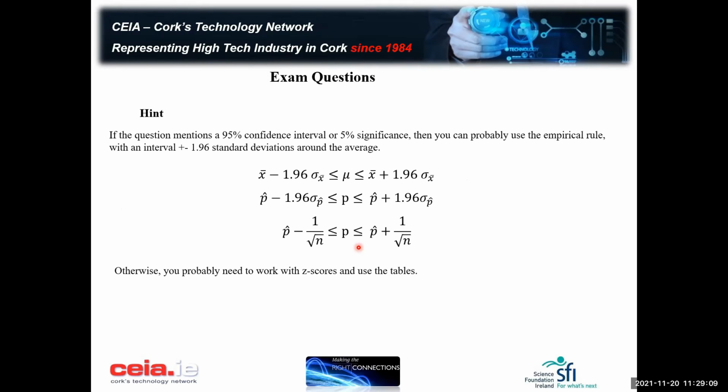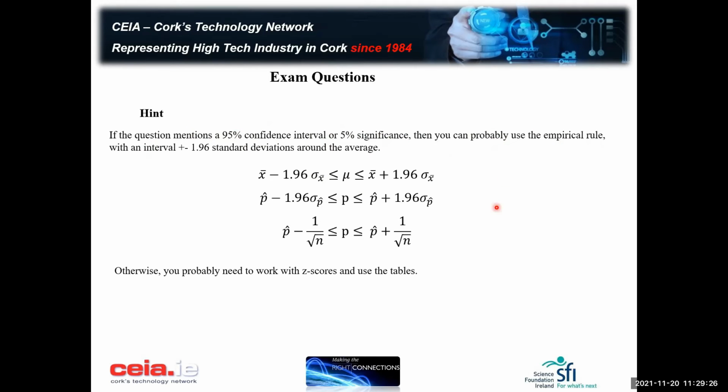For some general hints, take your time when you're reading the question, pick out some keywords. If you see 95% confidence interval or a 5% significance, then they're probably telling you to use the empirical rule.